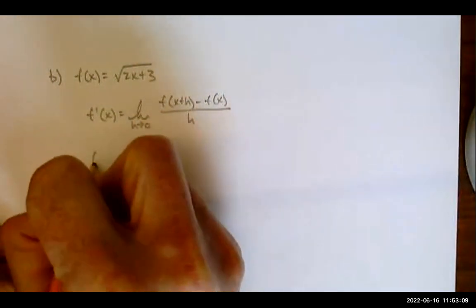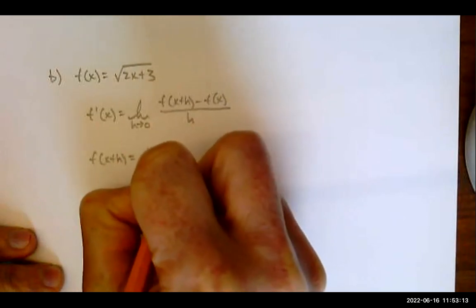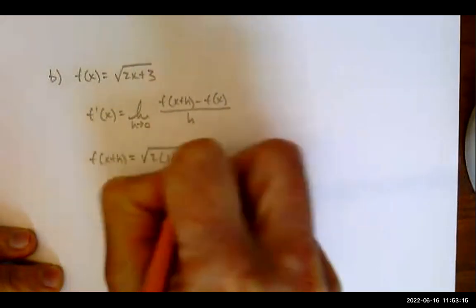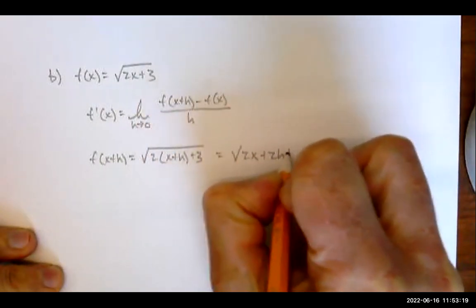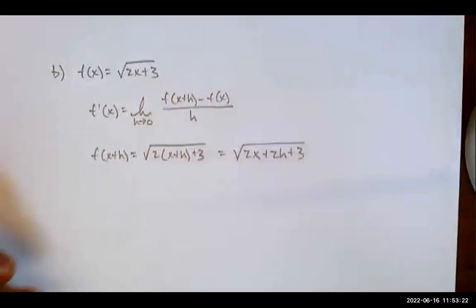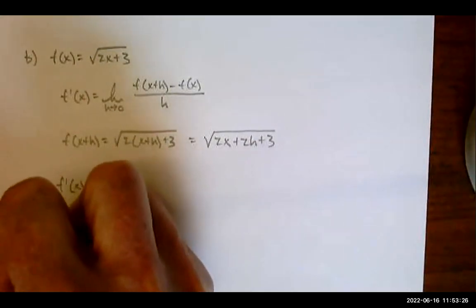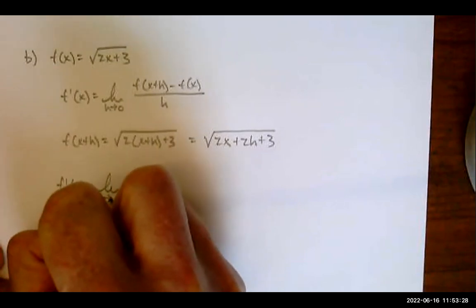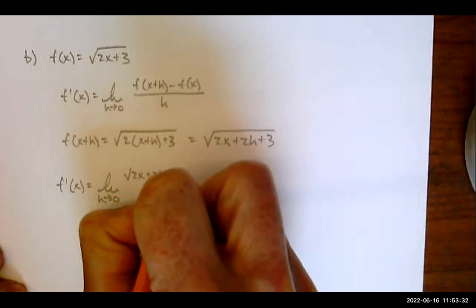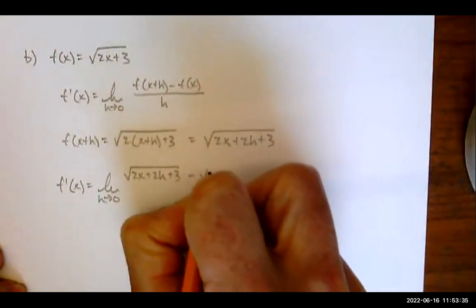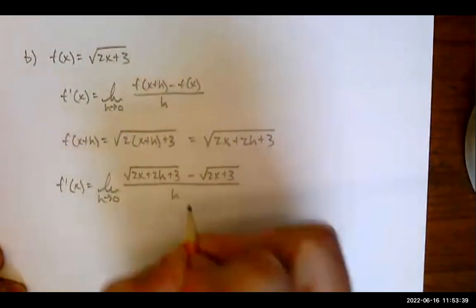Let's see here. So f of x plus h is the square root of 2 times x plus h plus 3. That's going to be 2x plus 2h plus 3. So setting this up, the limit of the square root of 2x plus 2h plus 3 minus the square root of 2x plus 3, all over h.